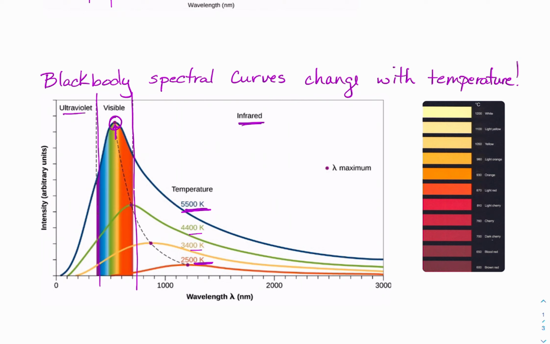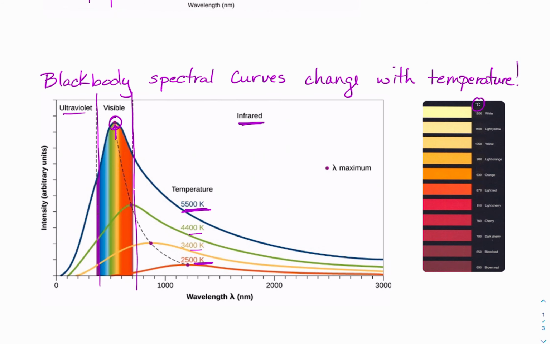And I put over here on the right-hand side a diagram that uses the temperature in Celsius, so keep in mind that Celsius and Kelvin are used in these two different diagrams, showing what color you might see something heated at a particular temperature.